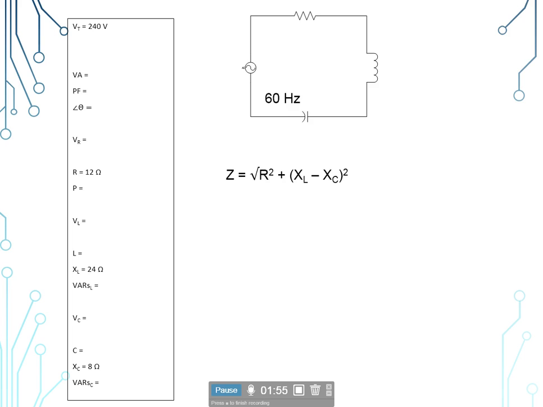Now our resistance of 12 ohms, squared, gives us 144, plus, close our parenthesis, we'll take the difference of our X sub L of 24 ohms and our X sub C of 8 ohms, and then we'll square that difference, and we will come out to 20 ohms impedance for the total for this circuit.